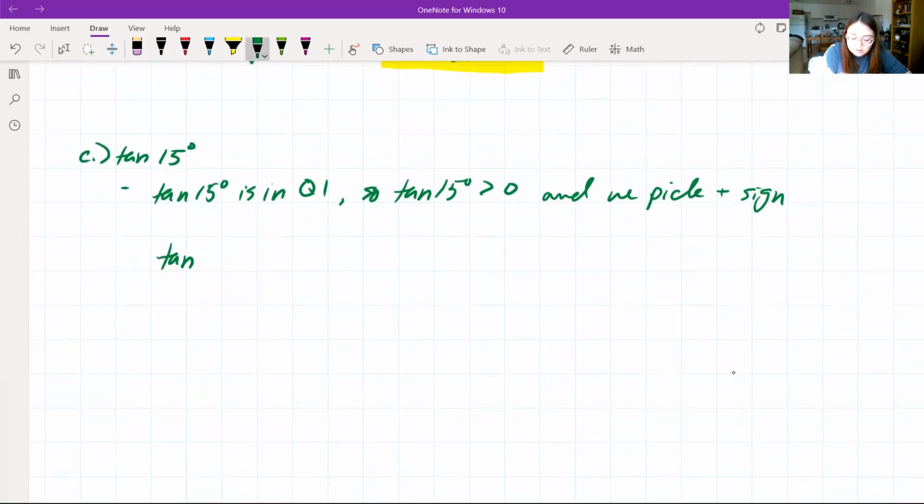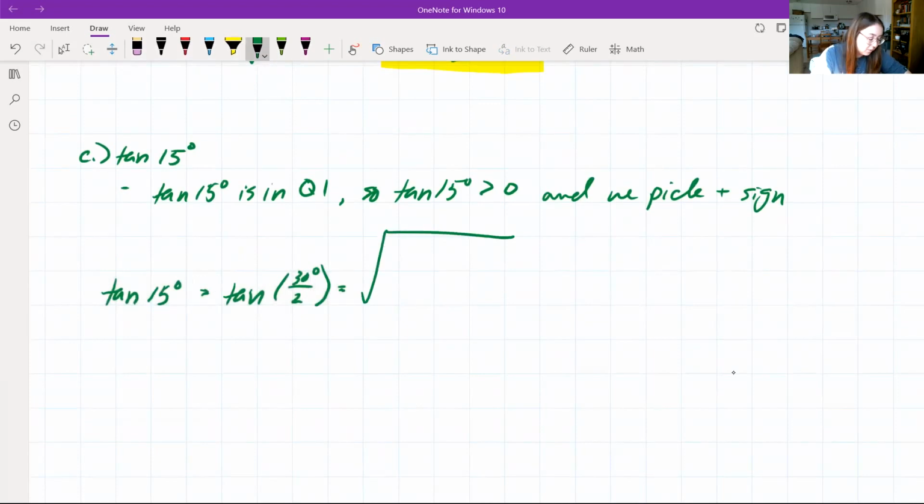So tangent of 15 degrees, we're saying is the same thing as saying tangent of 30 degrees divided by 2, which is equal to the square root of 1 minus cosine of 30 degrees divided by 1 plus cosine of 30 degrees.